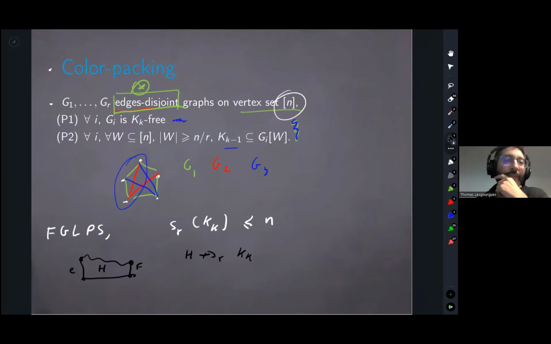But if you try to do that, for any such coloring without monochromatic K_k, we have that the two specific edges E and F have the same colors. So we use this to kind of force some coloring in our graphs, and they use that to prove that.